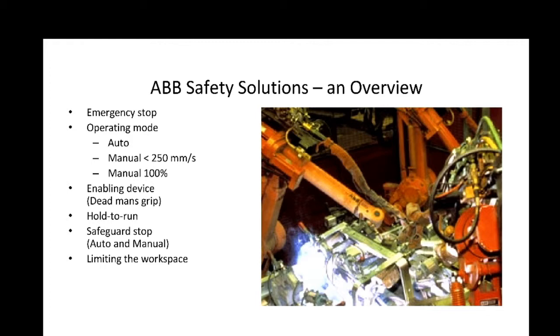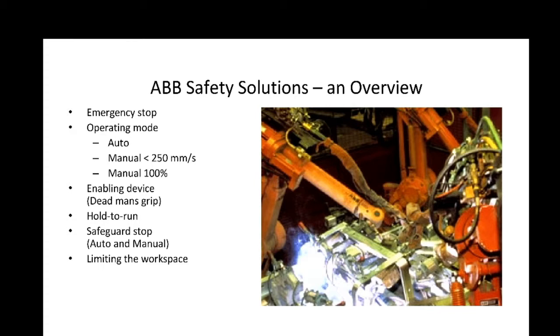Another option is the operating mode, classified into types: auto and manual. In auto, the robot works automatically based on the program we selected. In manual, we have 2 options: slow motion and fast motion. We can check new programs at manual speed with 50% of manual speed, and the second manual is 100% of manual speed.